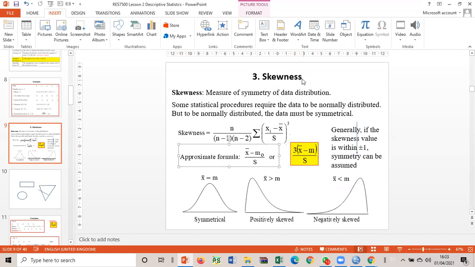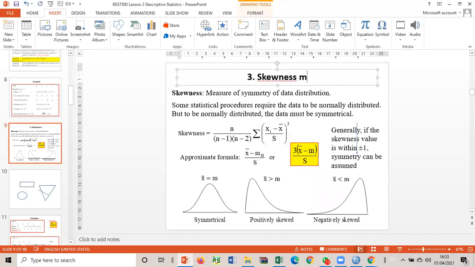Let's say now, mean equals 20, median equals 18, standard deviation equals 5. What is the skewness value now? Just use this formula.